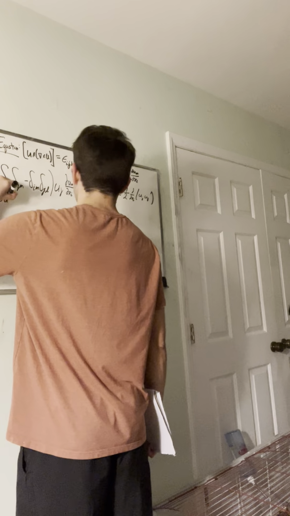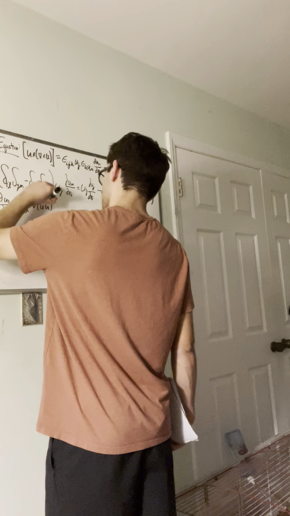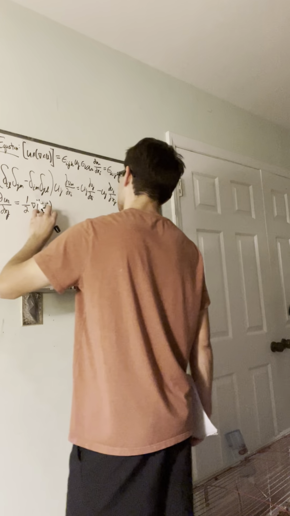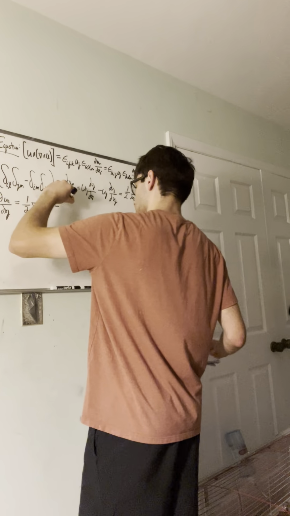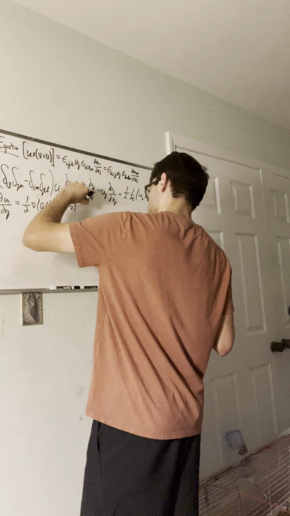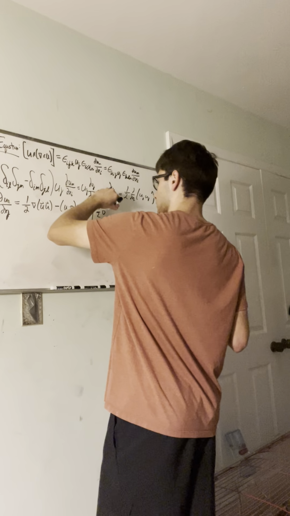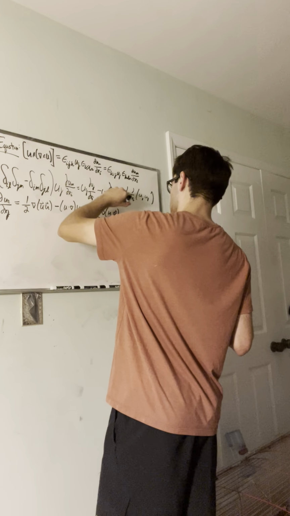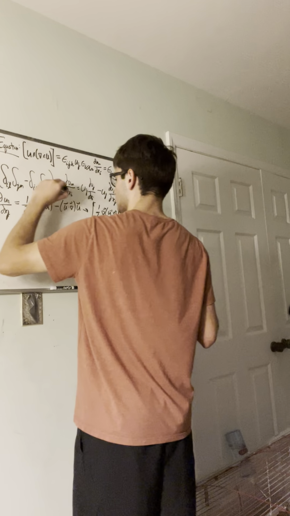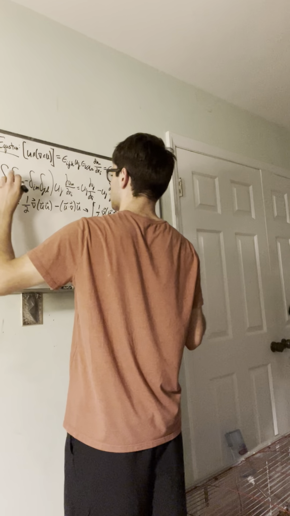Minus u_i divided by dx_j, which equals 1/2 del of u times u minus u dot del times u, which we can say is, and proving this itself. Yep, vector.